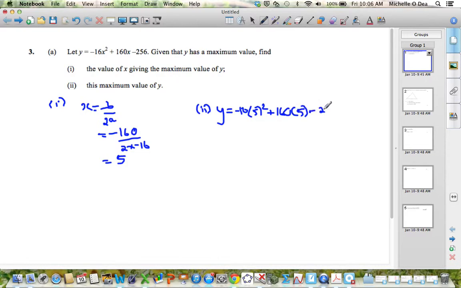And then that's just a matter of putting it into the calculator, and when you do that, you get y equals 144.